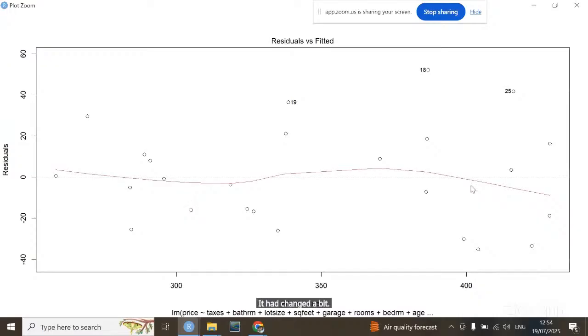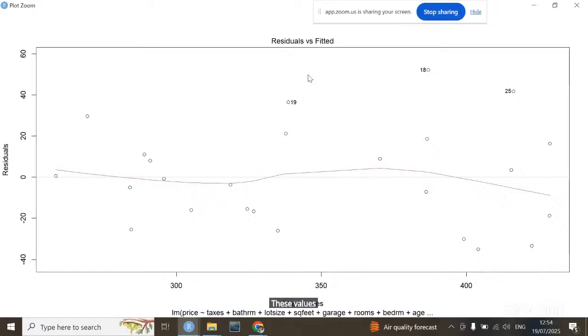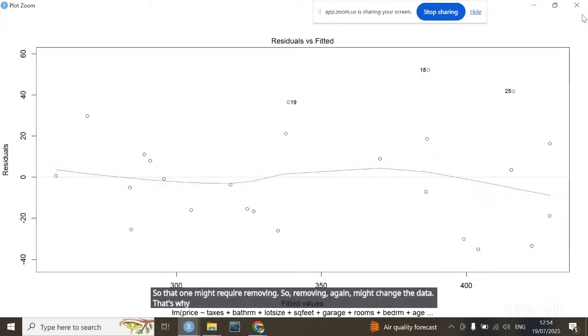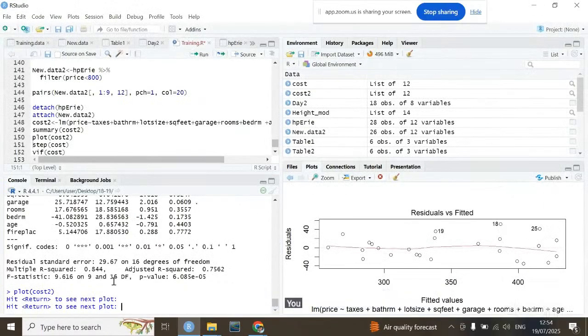When you look at the line moving, it has changed a bit after removing, but still, removing has brought in these values which were initially not there. So that one might require removing. So removing again might change the data. That's why sometimes if you remove the outliers, you may distort the data, and they normally advise you use another approach.